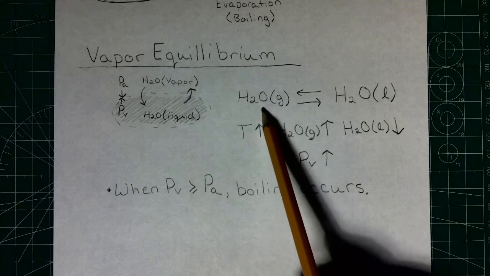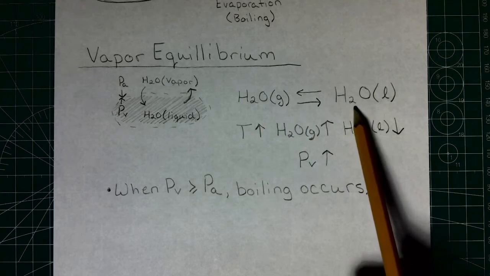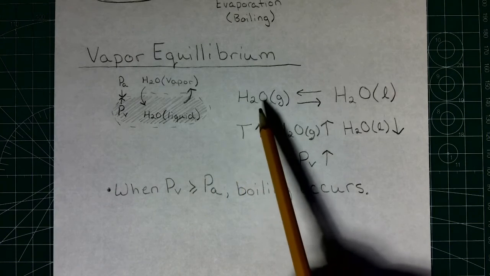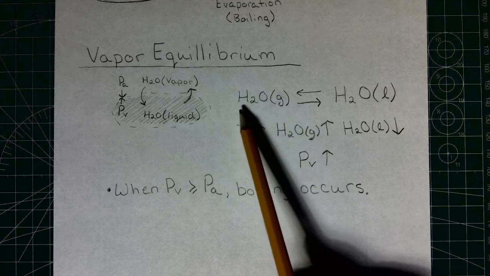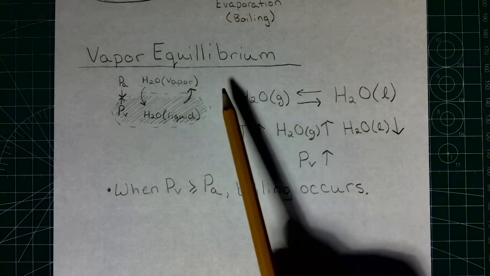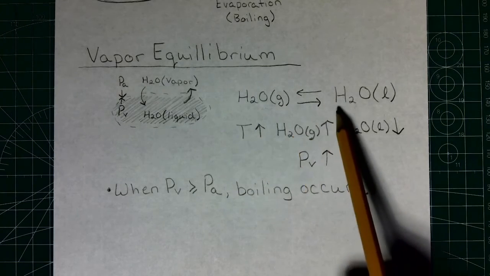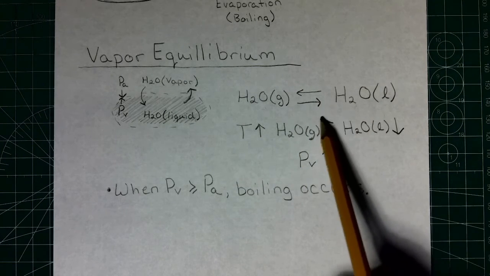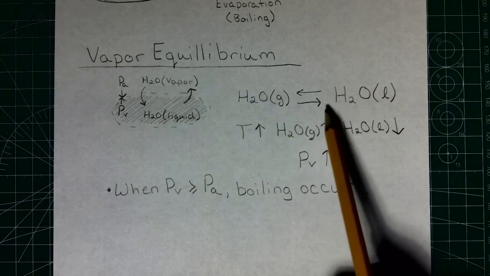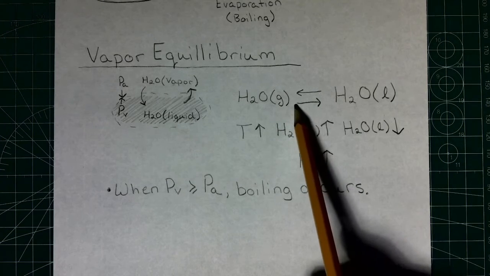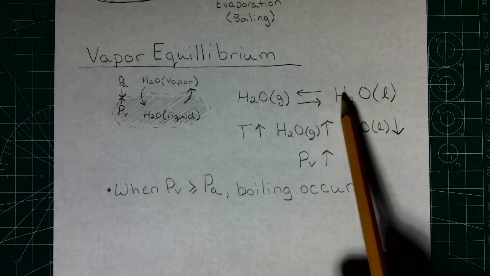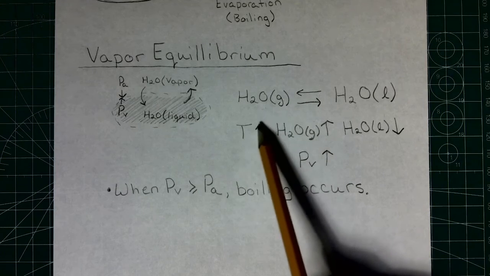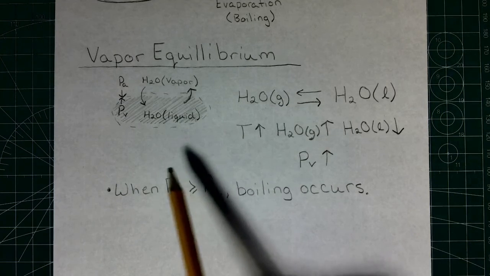So as I said, water vapor is turning to liquid water and liquid water is turning to water vapor. The question is how much is in the vapor form versus how much is in the liquid form. And the answer to that has to do with the rate that the gas turns into a liquid and the rate that the liquid is turning into a gas, which is related to the temperature, which is kind of intuitive, right?